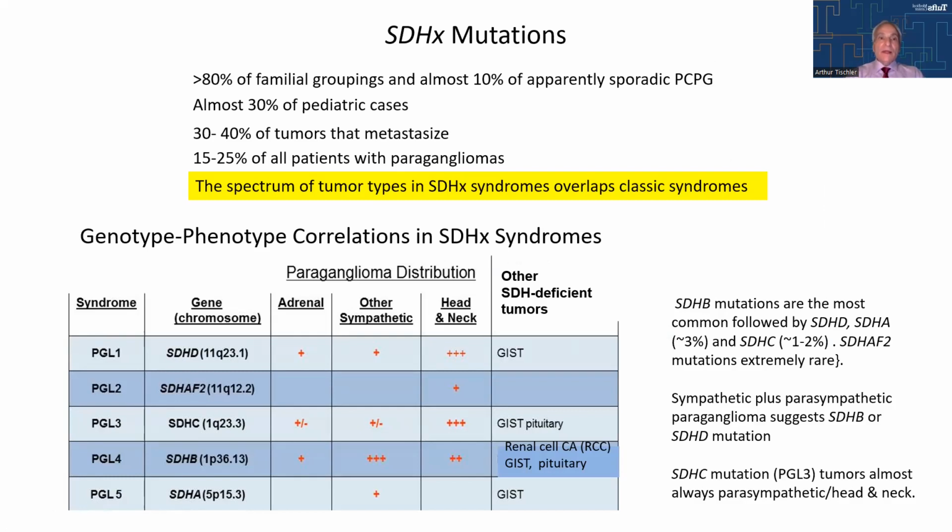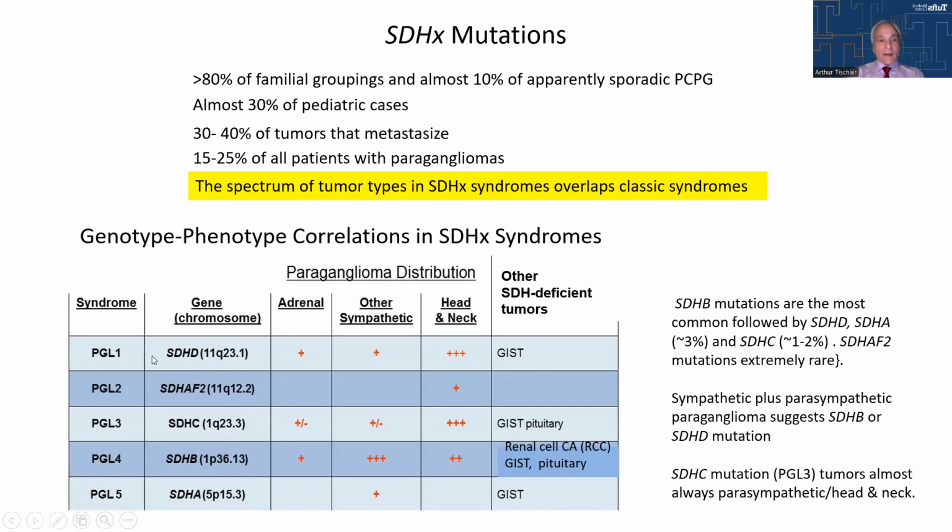The SDH mutations also account for almost 30% of pediatric cases and at least 30% of the tumors that metastasize, and are present in somewhere between 15 and 25% of all patients with paragangliomas. But extremely importantly, the spectrum of tumor types in patients with SDHX syndromes overlaps the spectra of classic syndromes.